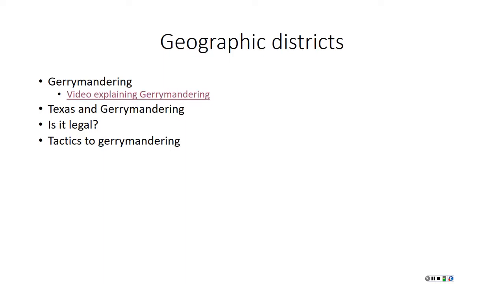Now, is this diffusing minority voting power by creating this majority-minority district? You could argue, yes, this still is.